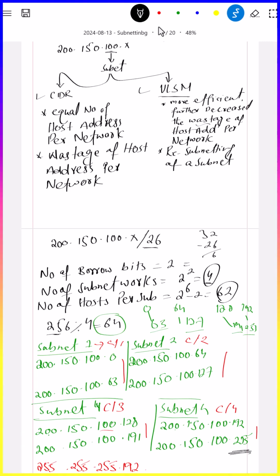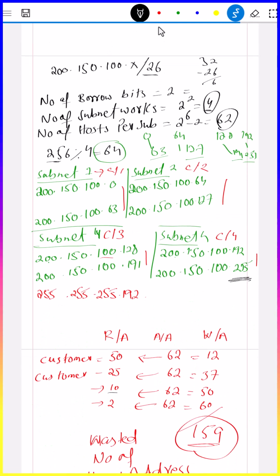The wastage came down to 21 from 159, and it also supports resubnetting. We subnet the CIDR: it was /26, becomes /27, becomes /28, becomes /30. Why were we doing that resubnetting? To further decrease the number of wasted addresses per network.